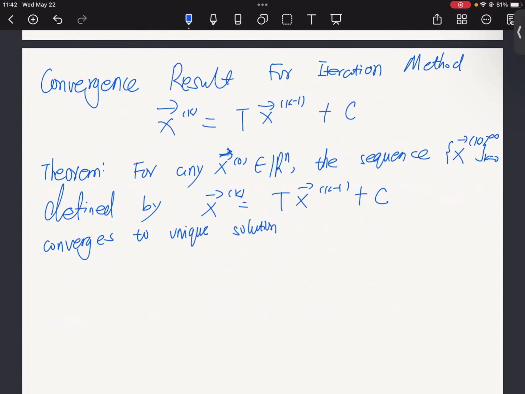And it actually converges if you let it converge to one vector, and then the right-hand side is in the same sequence. So if this sequence converges, it is going to the same vector, right? Because let's assume that it converged, and then the left-hand side converges to one vector, and on the right-hand side, xk minus 1 is going to the same vector.